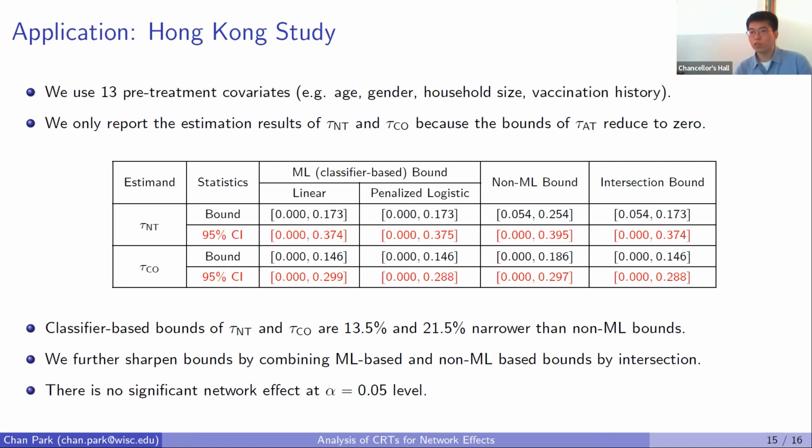But I think the problem is how to construct the confidence interval as well. And not only that, there is very little literature that can address interference plus non-compliance. There are many ways to address either one of those. If you are only tackling interference or non-compliance, there are several methodologies.